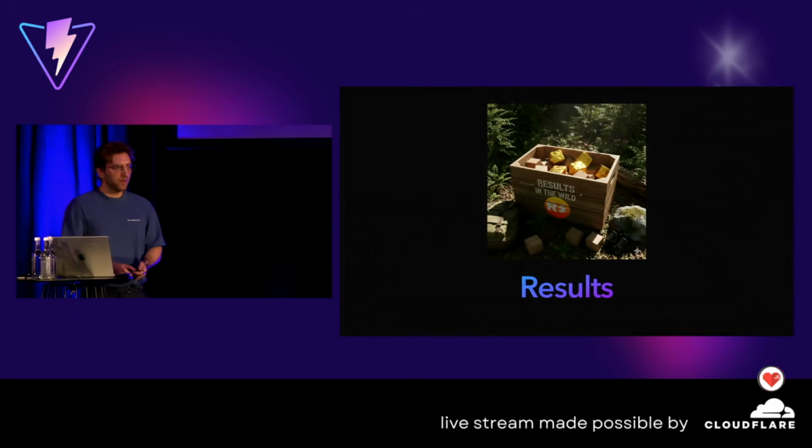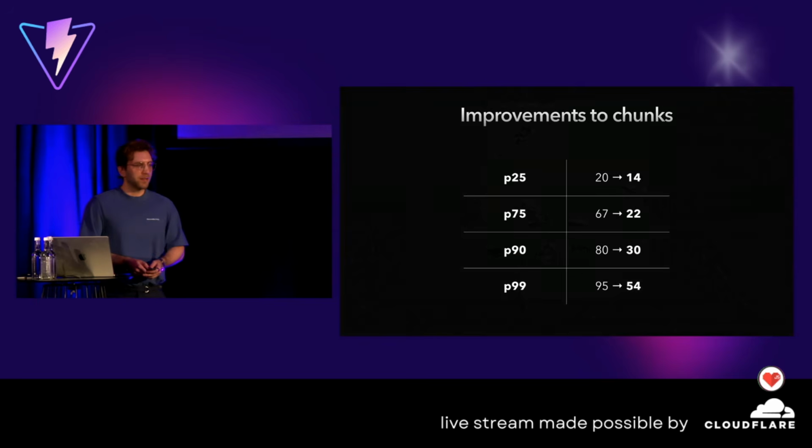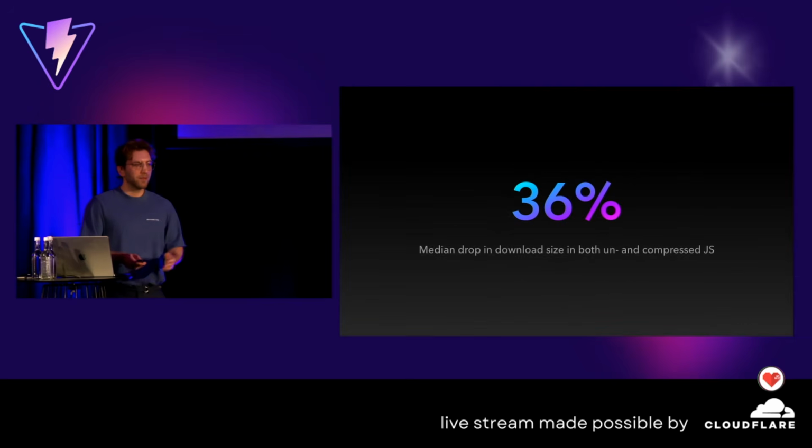Okay, so now you might wonder, all of these words, what did it result in? Here are some basic stats about our improvements to chunks. We pretty much improved every percentile, including P99, quite substantial drops. And one of the most important things is our median JavaScript size dropped by 36%. So users download 36% less JavaScript by better minification and better chunking.